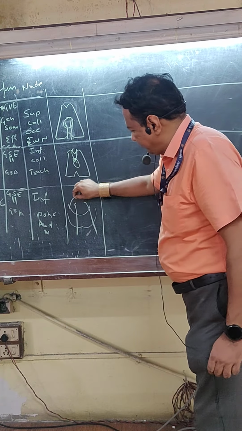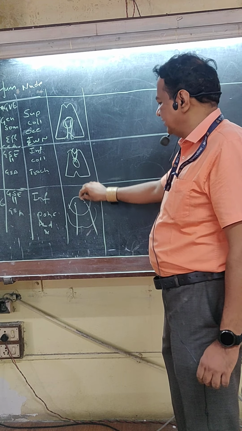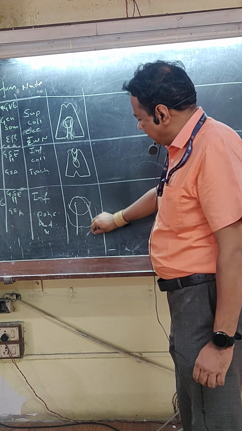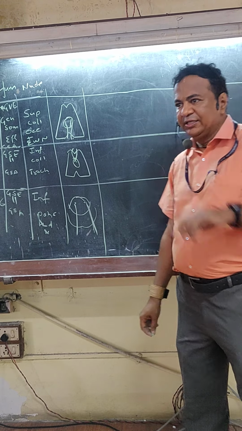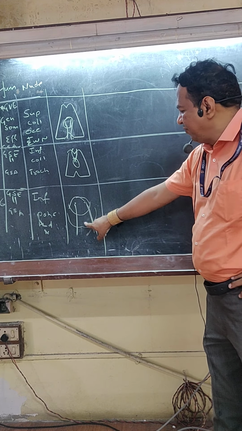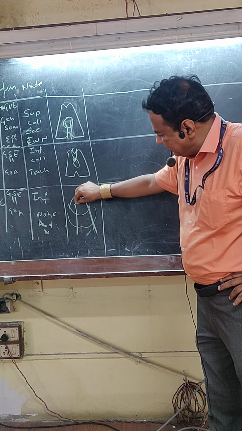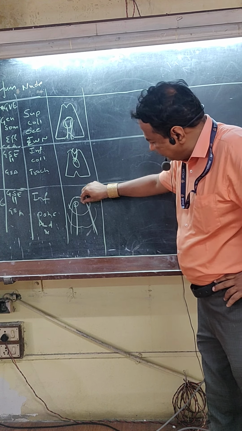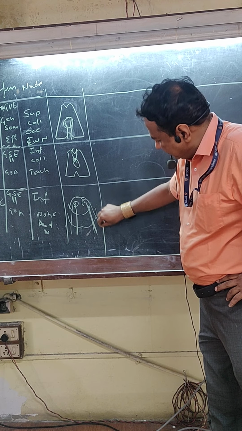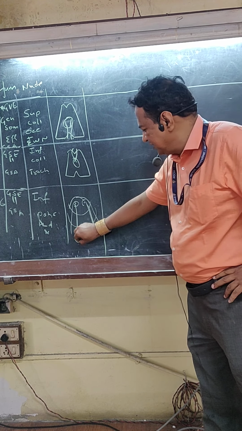The sixth nerve, this is basilar part of pons. Sixth nerve is there behind. Now it comes out like this. Sixth at the level of pons. This is basilar pons, and this is the sixth nerve nucleus. Seventh nerve nucleus is here. It comes out of the lateral edge. So 6 is here. This is 7.